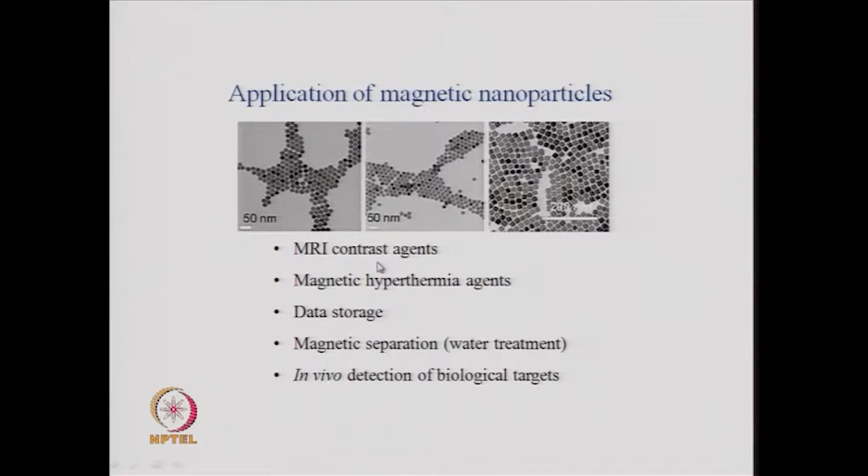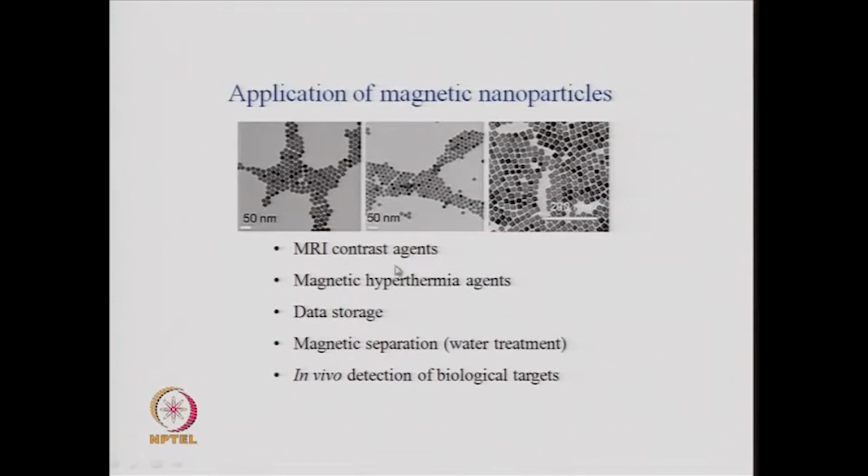Now, these contrast agents, when you add them, they help you in identifying the magnetization of a particular place. So, if you use a contrast agent and it goes to particular cells in the kidney, then you can see those cells much better against the background of all the other things which are there.